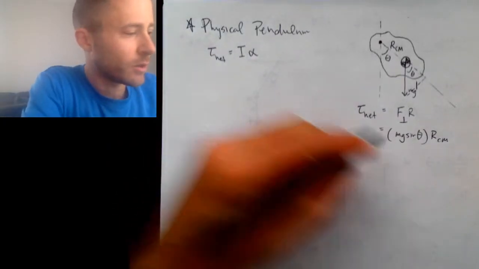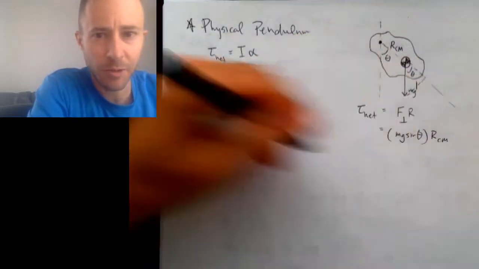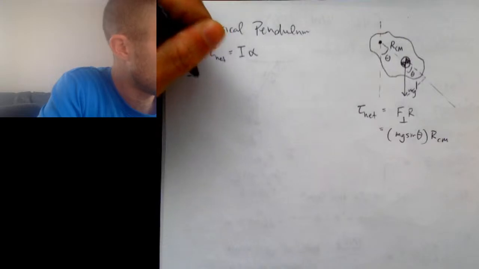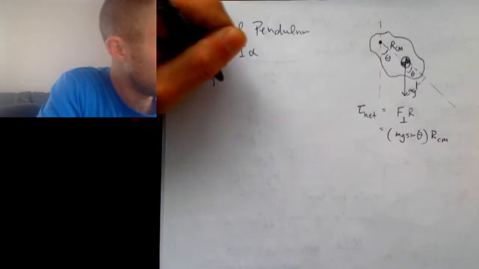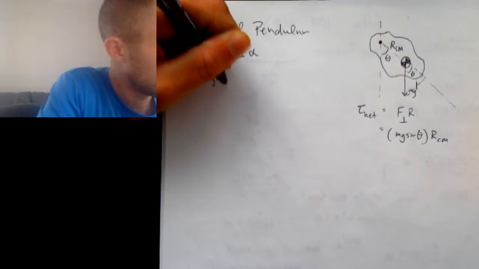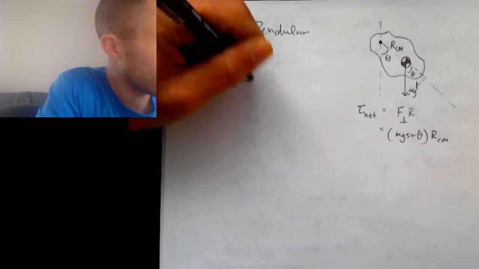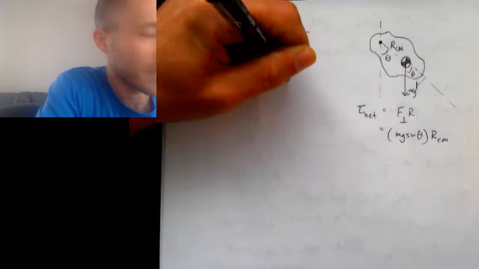That is the net torque, and remember it's negative. So my net torque is minus mg R_CM times sine of theta equals I alpha.